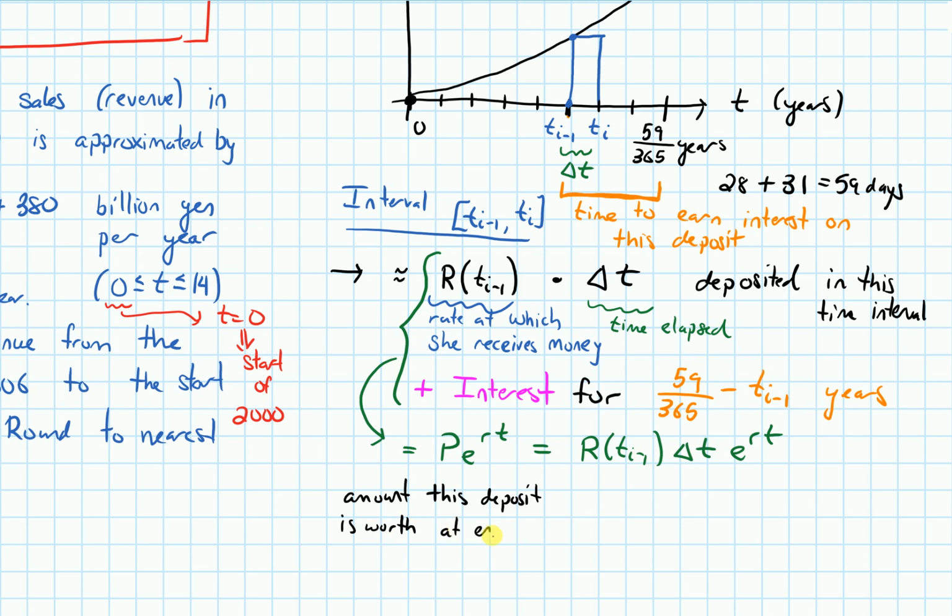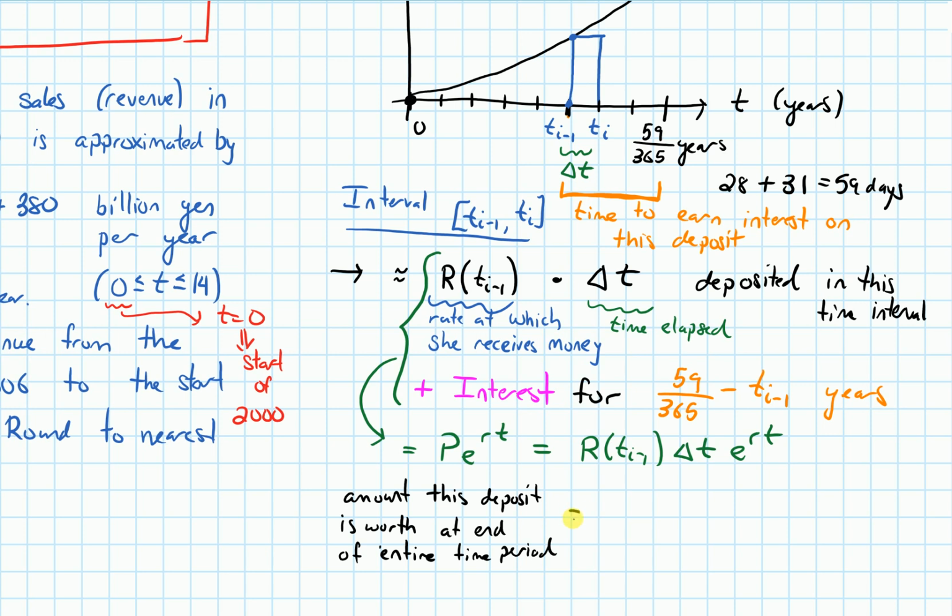So in this case, it's when we reach that 59 over 365 years marker. So that was at the end of these 2 months.